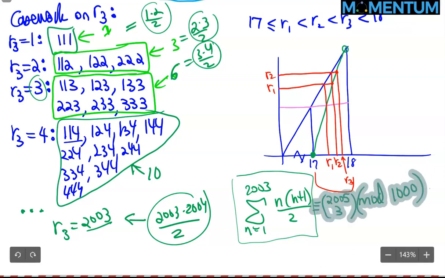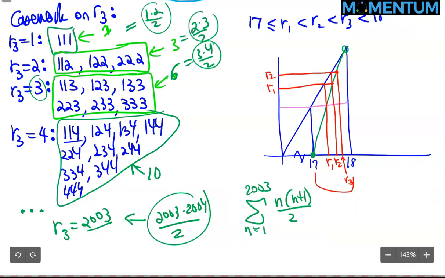Before I do that mod 1000 business, okay. So this is hockey stick. Yes. Oh my gosh. Okay, plug in 1 times 2 over 2. Well, yeah, this is hockey stick. So the summation of n times n plus 1 over 2 is just n plus 1 choose 2, n equals from 1 to 2003.